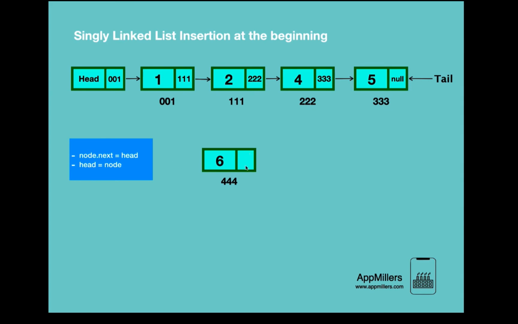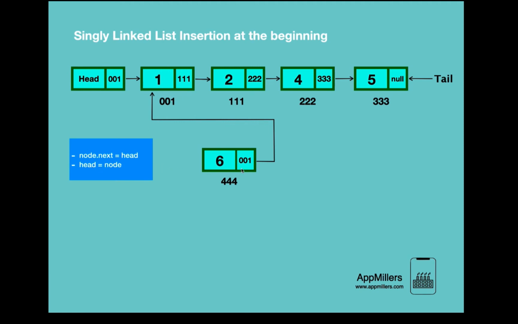So now this node's next reference is empty. By setting this next reference to head, we are updating the next reference of this node over here to 001. And this is creating a link between this node over here and the first node over here, because 001 is the physical location of the first node over here.